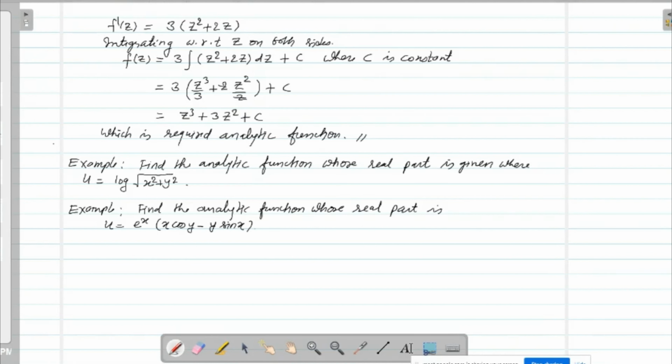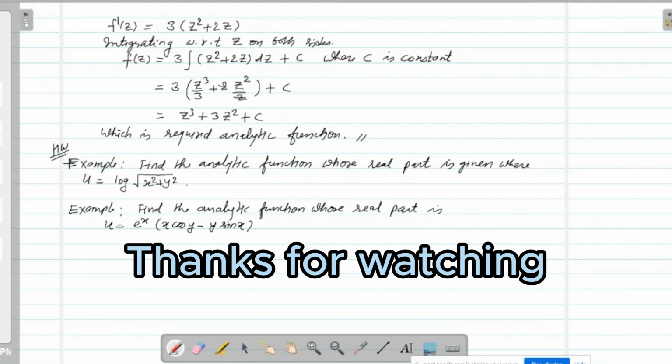So these are two problems. Please do these problems at your home. These are very simple problems.